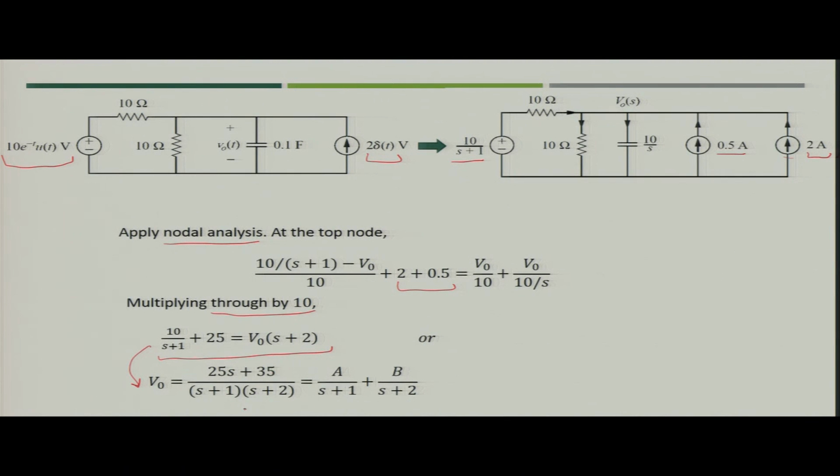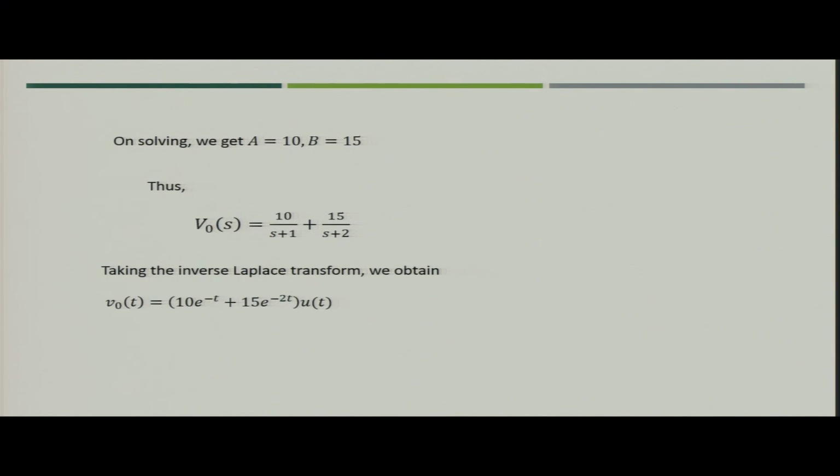Now, you can represent this as a partial fraction: A upon S plus 1 plus B upon S plus 2. When you solve, you get the value of A as 10 and B as 15, and your V naught S will become 10 upon S plus 1 plus 15 upon S plus 2, which you can easily write in terms of the inverse Laplace transform.